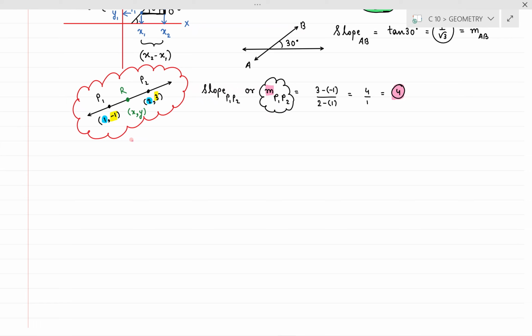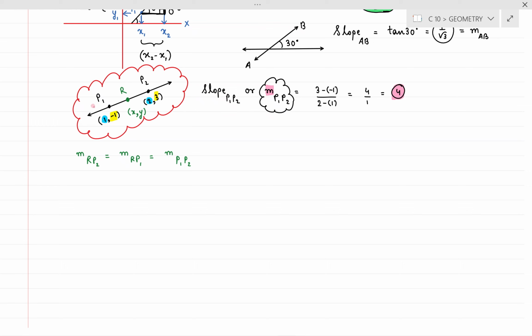Now, if I am finding the slope of RP2, the slope of RP2 will be equal to the slope of RP1, because it is on the same line, the same angle. This will also be equal to the slope of P1, P2, right? The same line, so the same angle of inclination.